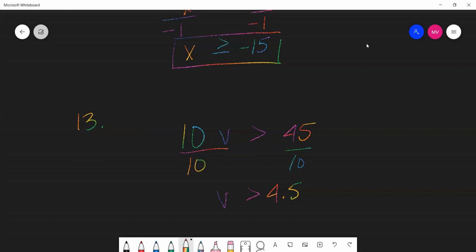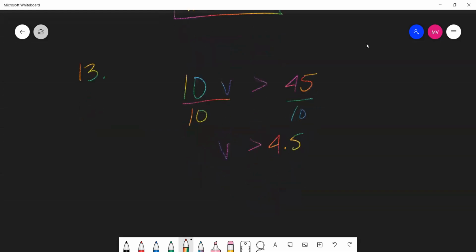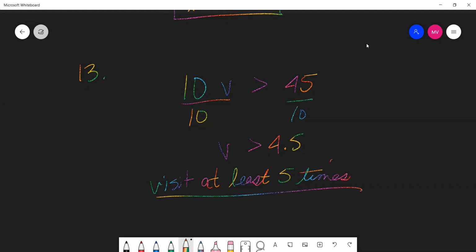If we're talking about doing something or being somewhere, just round it up to the next whole number. So the answer is that he would have to visit at least 5 times in 1 month for it to be worth it, which is feasible.